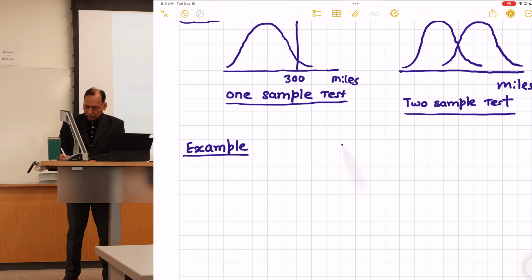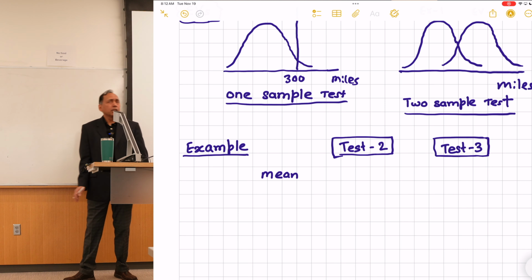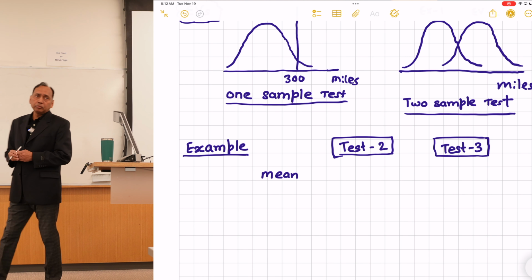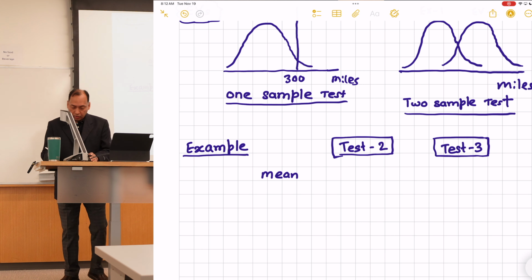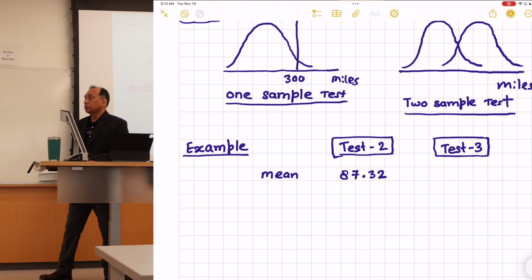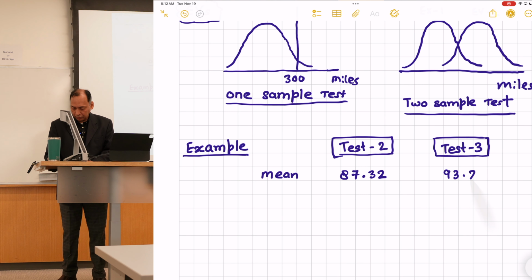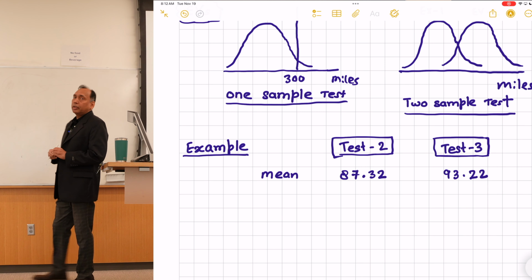So I'm going to compare scores in test 2 and scores in test 3. There are about 30 students in the class. Average based on test 1 was 87.32%, and that improved to 93.22 in the third test.